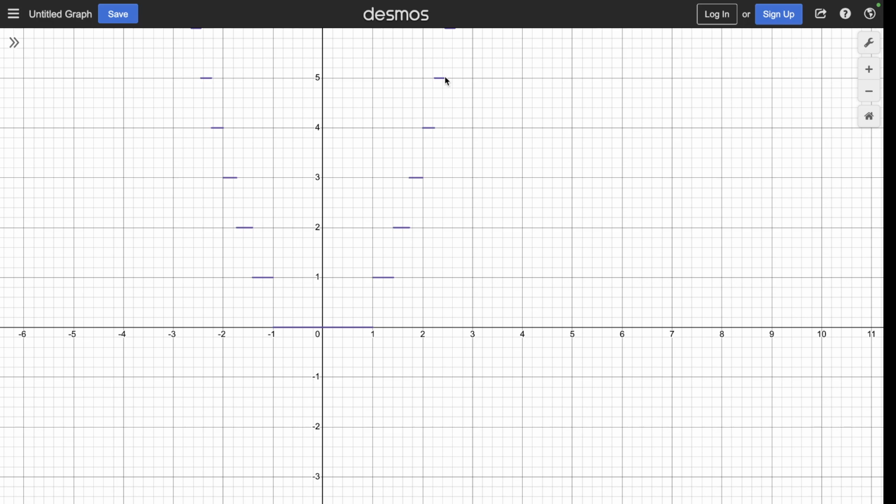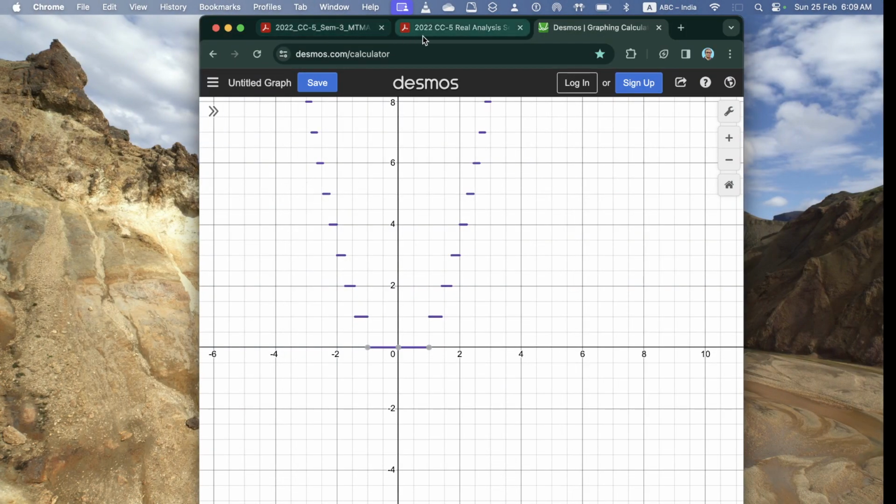This point is 2.44. So less than 2.50, we get 6 points: the 1 point, 2 point, 3 point, 4, 5, and 6. So we get 6 points of discontinuity within this limit.